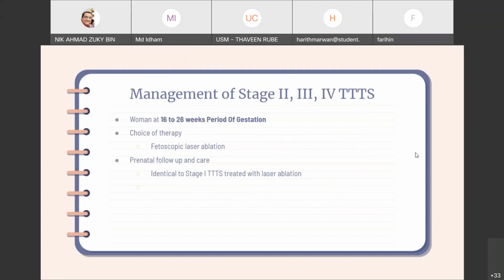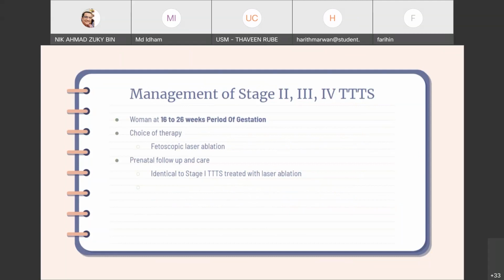Then we move to management of stage 2, stage 3, and stage 4 twin-to-twin transfusion syndrome. If the mother comes at 16 to 26 weeks period of gestation, normally the choice of therapy will be fetoscopic laser ablation.